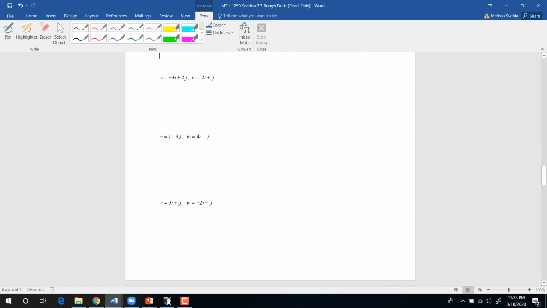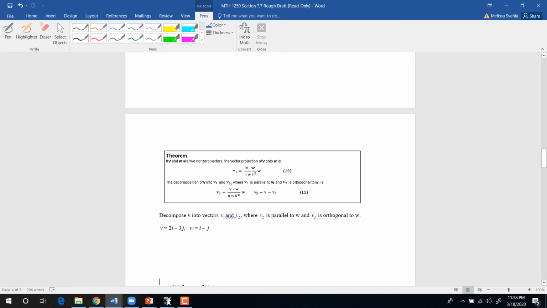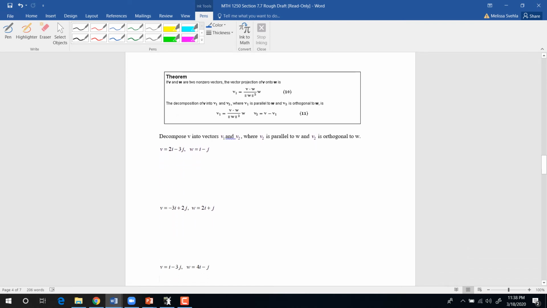Okay. So let's look at this one here. Let's just do a couple more examples. All you have to do is just follow this formula for the following.